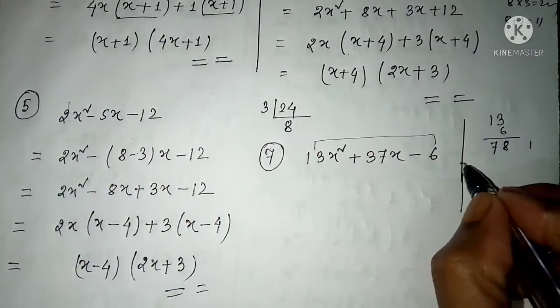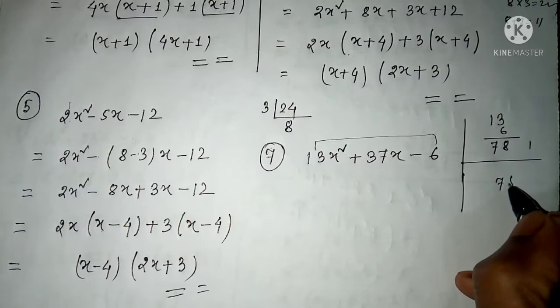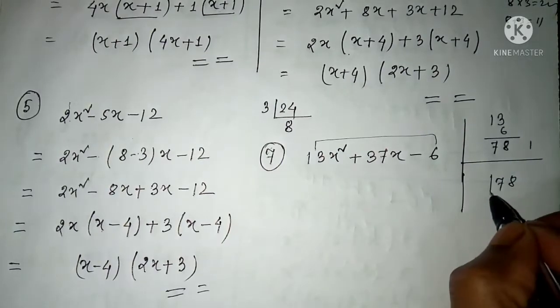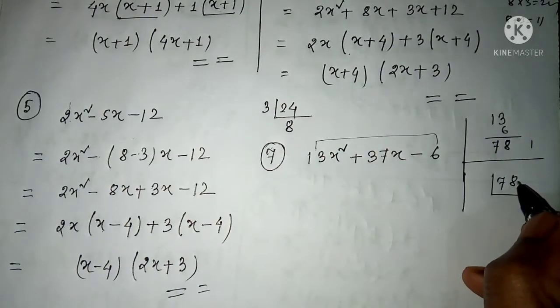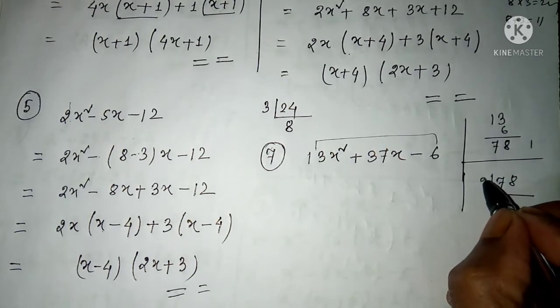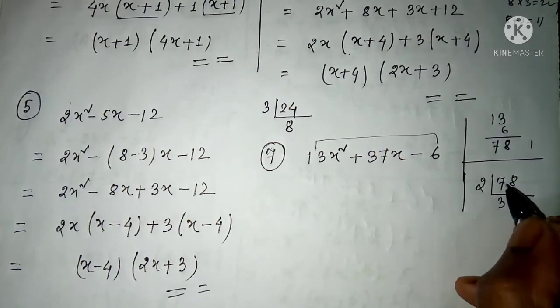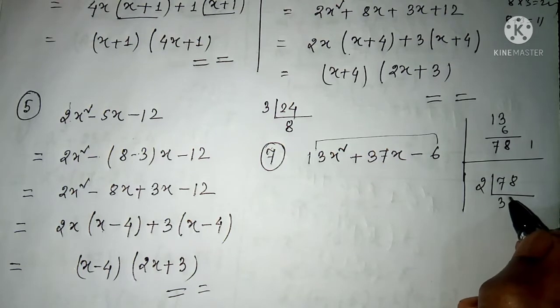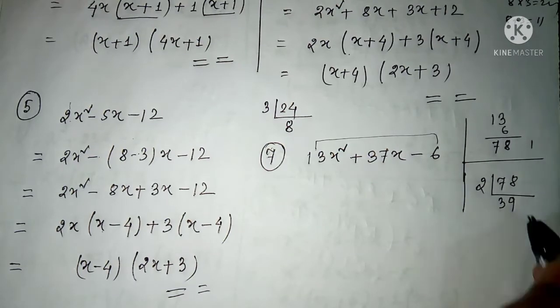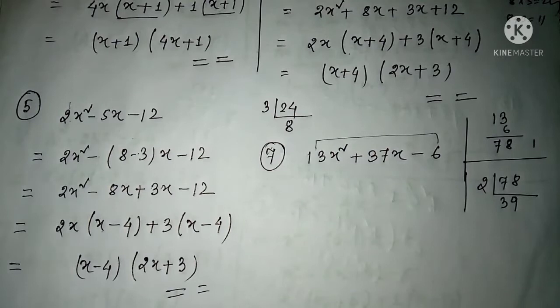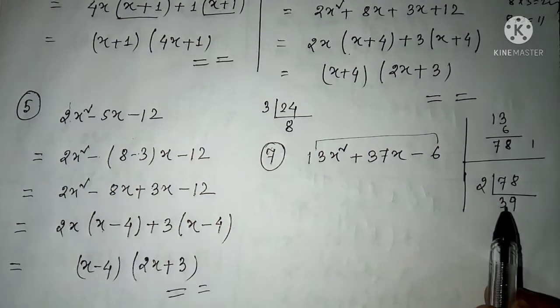Now we know we need to factorize 78 so that we can get 37. Then the unit place is 8, so we can start by dividing by 2. Now see, 2 3s are 6, 1 remains, then 2 9s are 18. Then see here, 2 into 39 is 78.